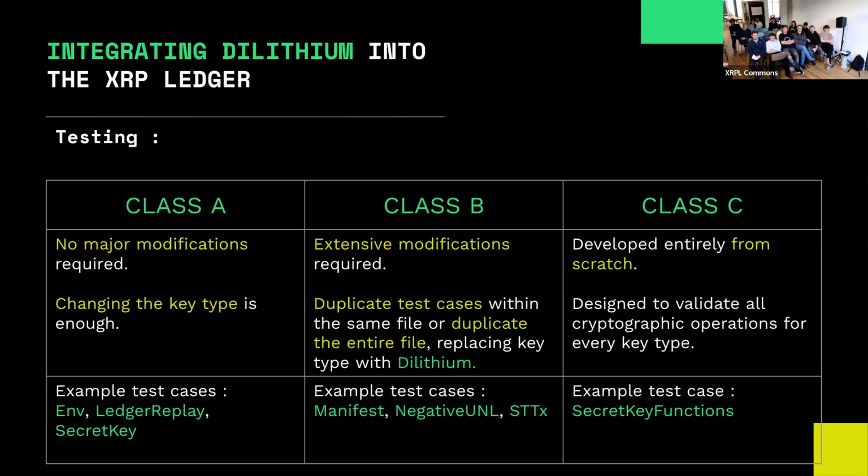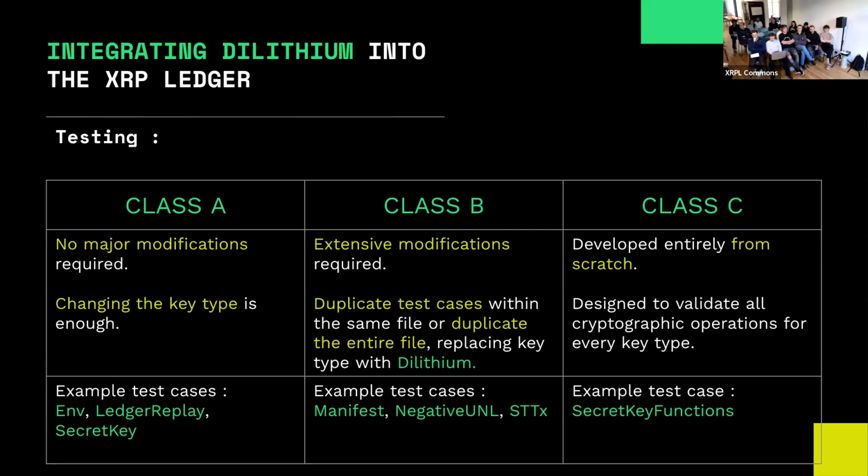Class A would be where we didn't really modify the test case itself. Only changing the key type to Dilithium was enough to get the results and compare the 2 different test cases.